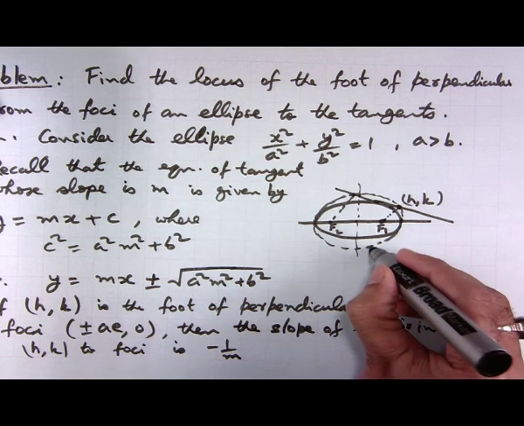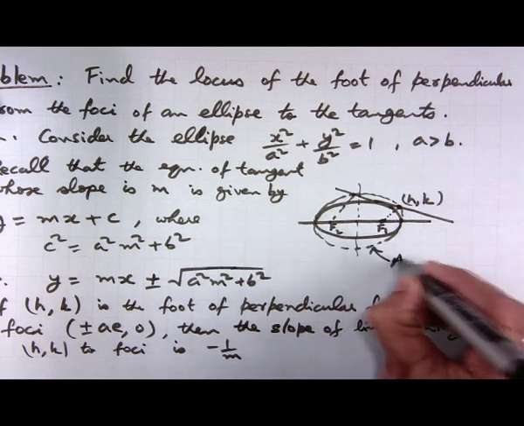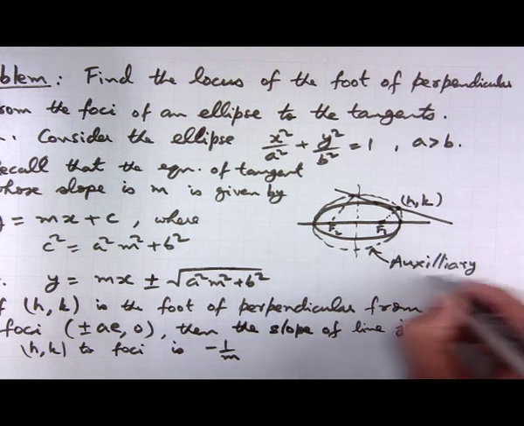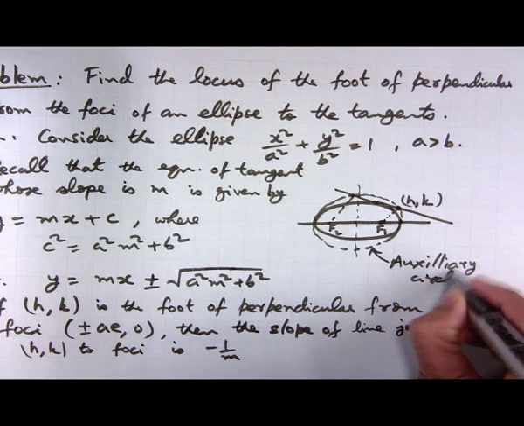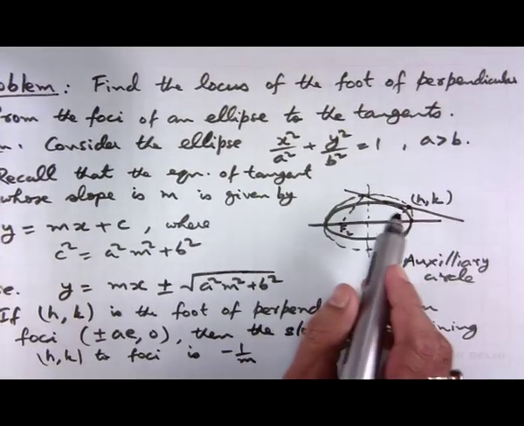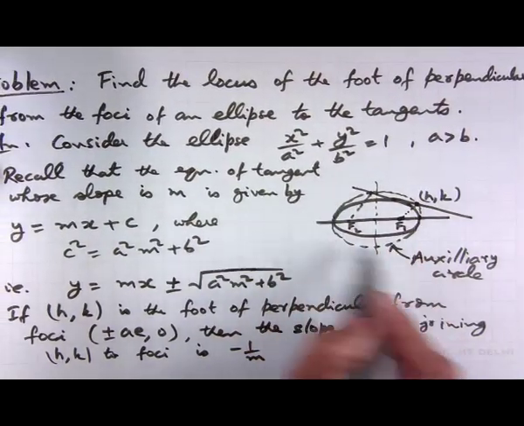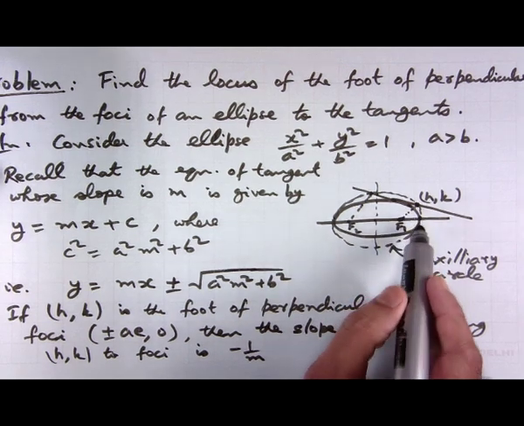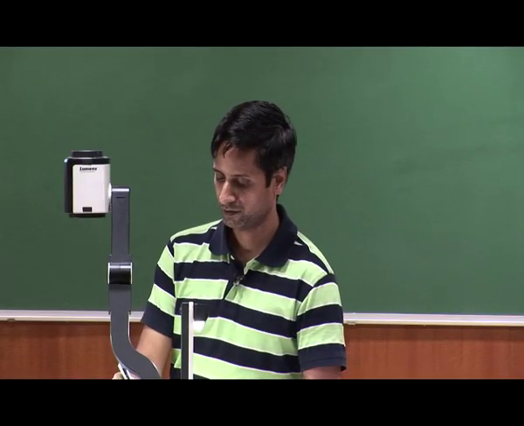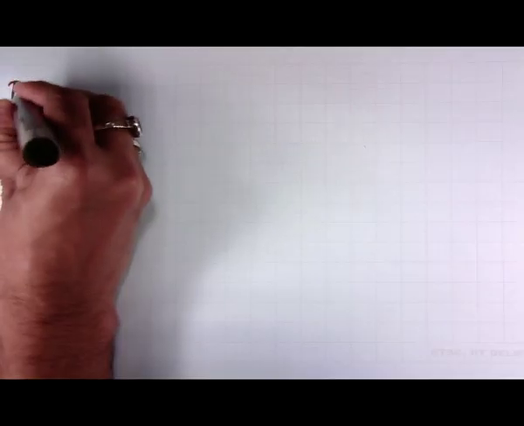So, this is called the auxiliary circle. So, the locus of the foot of perpendicular from foci to tangent is the auxiliary circle of the ellipse. Okay.